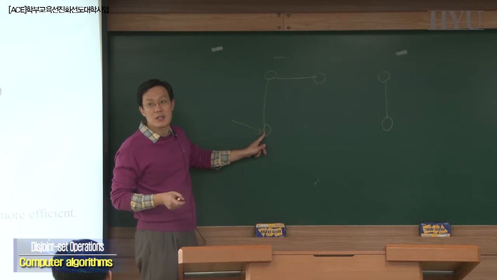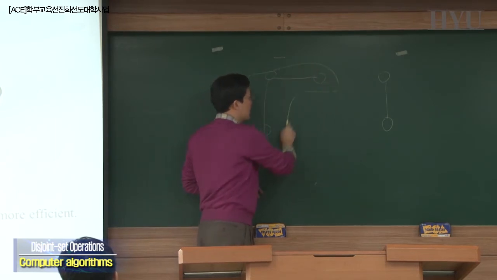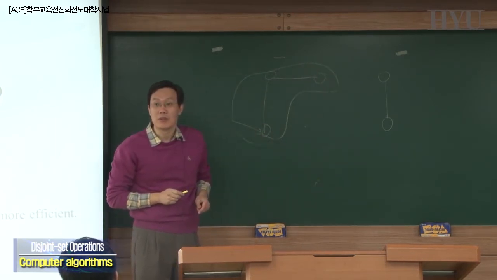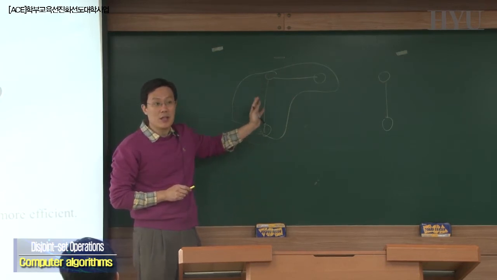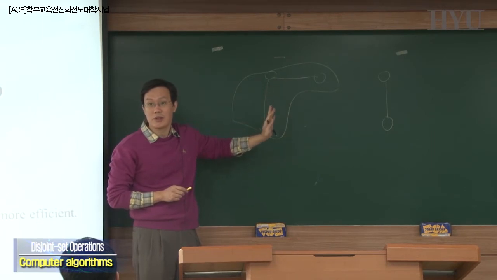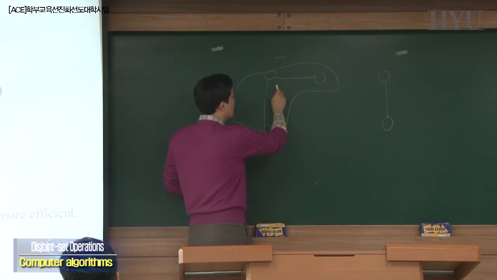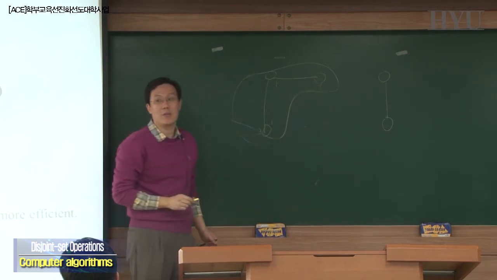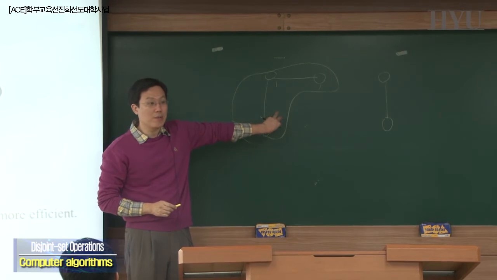Before this vertex becomes black, we visit all vertices in this connected component. So we can visit all vertices in the same connected component. Then we mark these vertices as being from connected component 1. So a connected component is discovered.